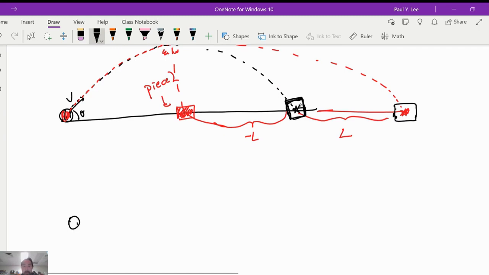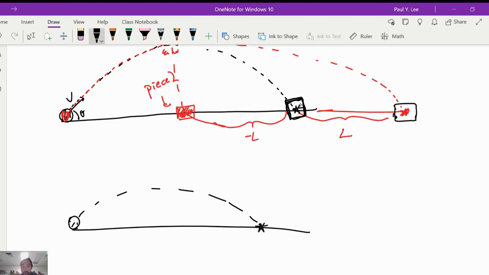Let's say it should land there, but piece 1, or mass 1, has a mass of m, and piece 2 has a mass of 2m.